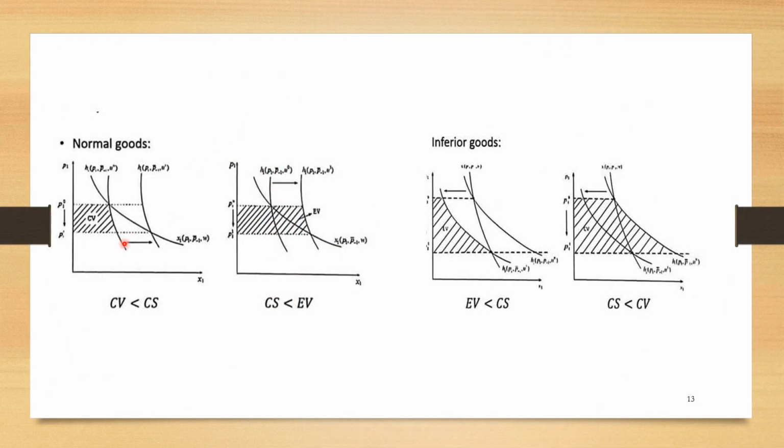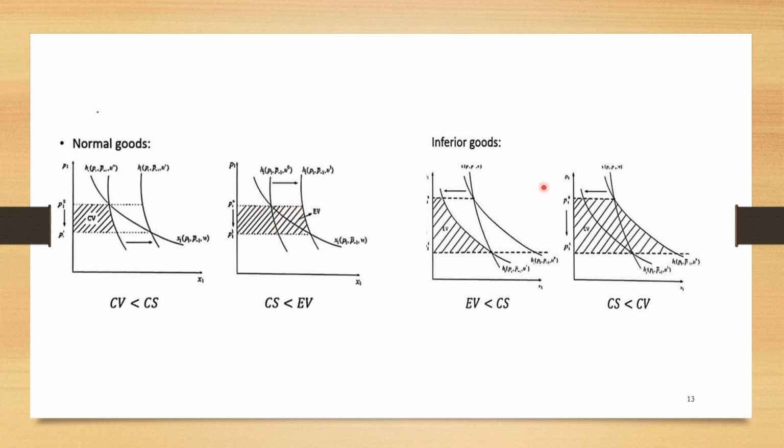In case of a price decrease in normal goods, our CV is this area and our CS is this area. So we can see that the total CS area is greater than our CV area, and in case of EV, when our good is normal, our EV area is greater than our total CS area.